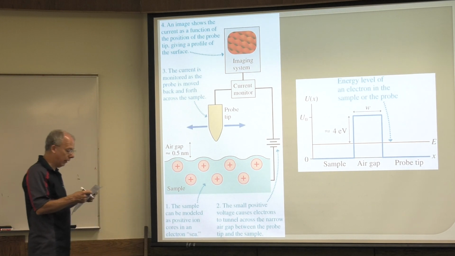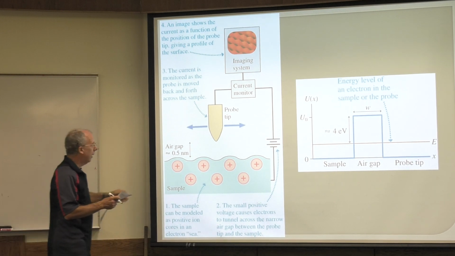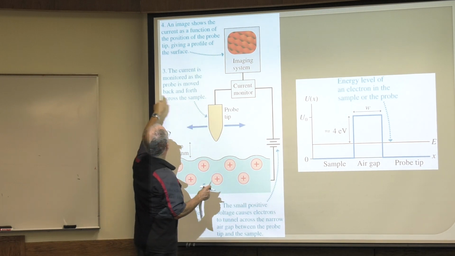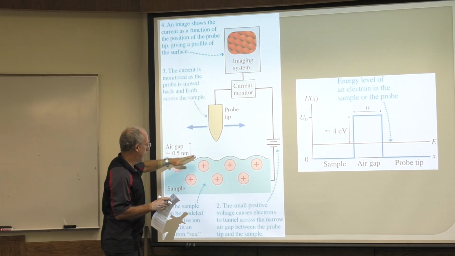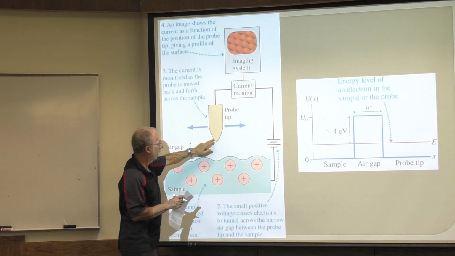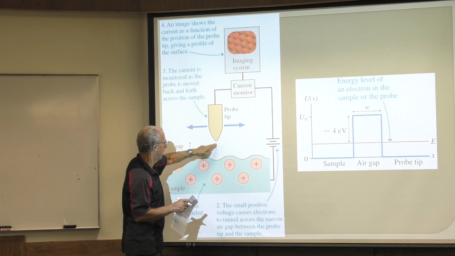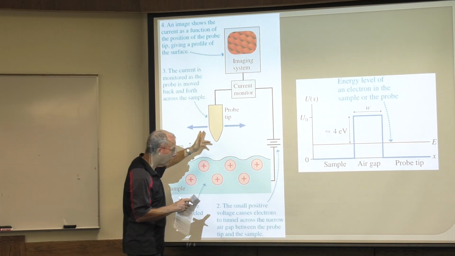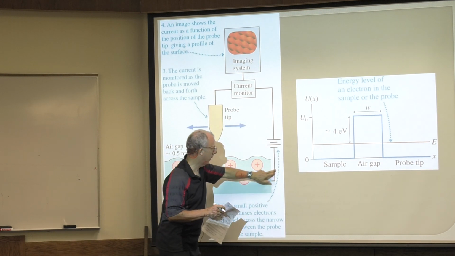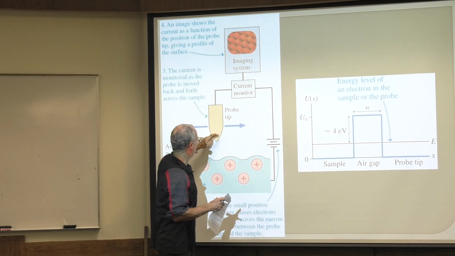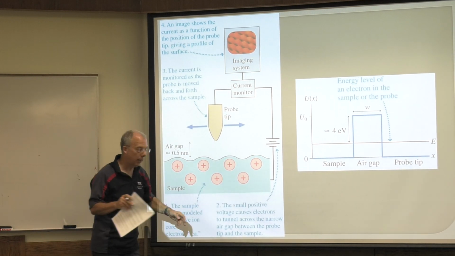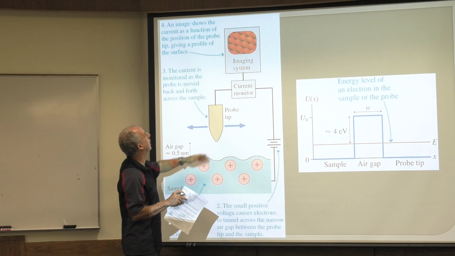Well, tunneling, okay? So look, this is a probe, okay? And if the electrons here tunnel, then there'll be a current, agree? If the electron goes from here to here, that's a movement of charge, and so this will measure the current.